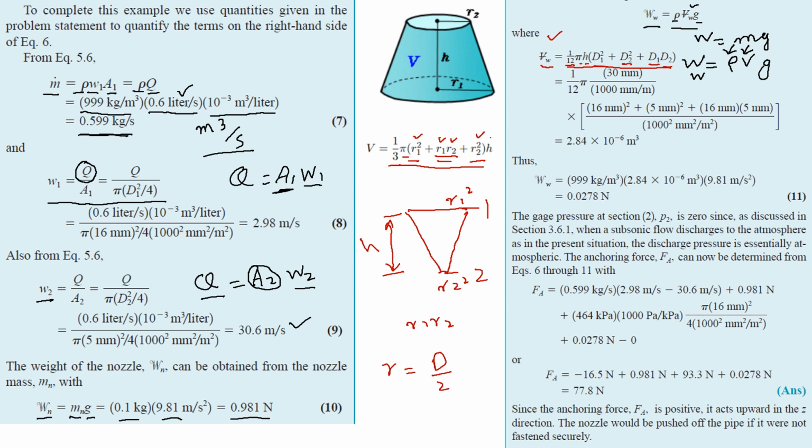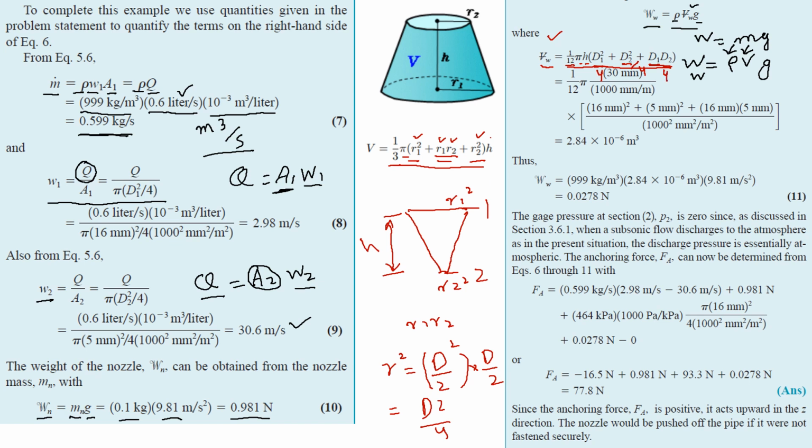So if I take r square, I will have to square this term too, so it will come out to be d square by 4. So when I multiply d1 and d2, I am basically multiplying d by 2 into d by 2. So that also gives me a denominator of 4.